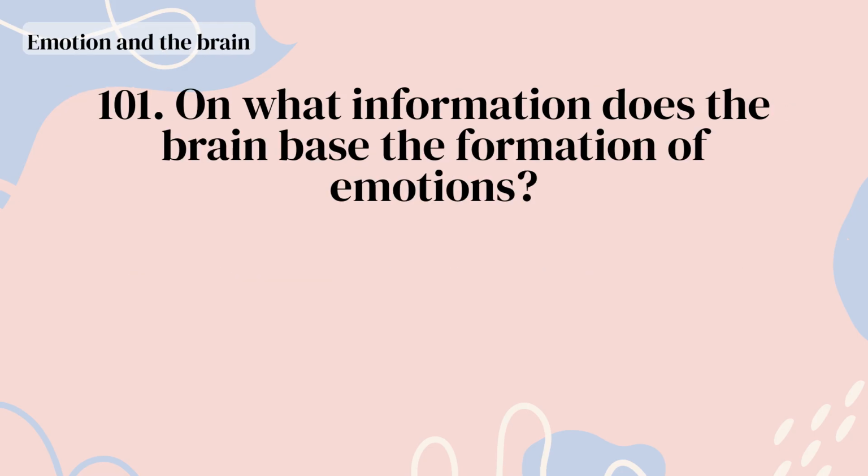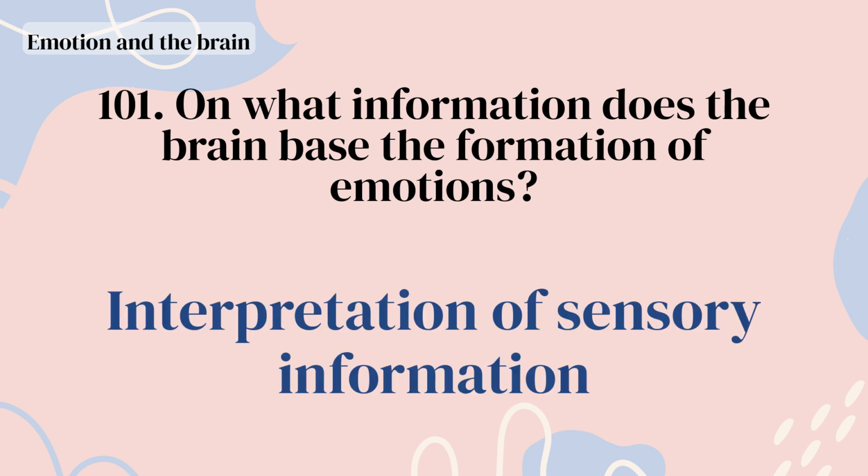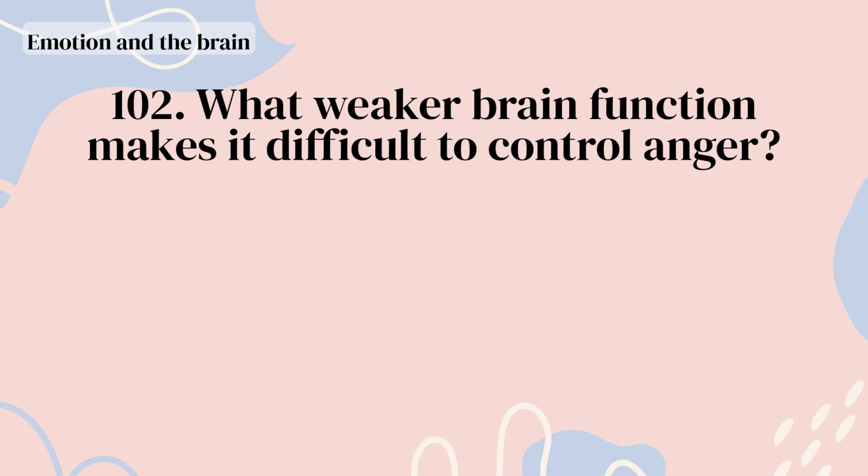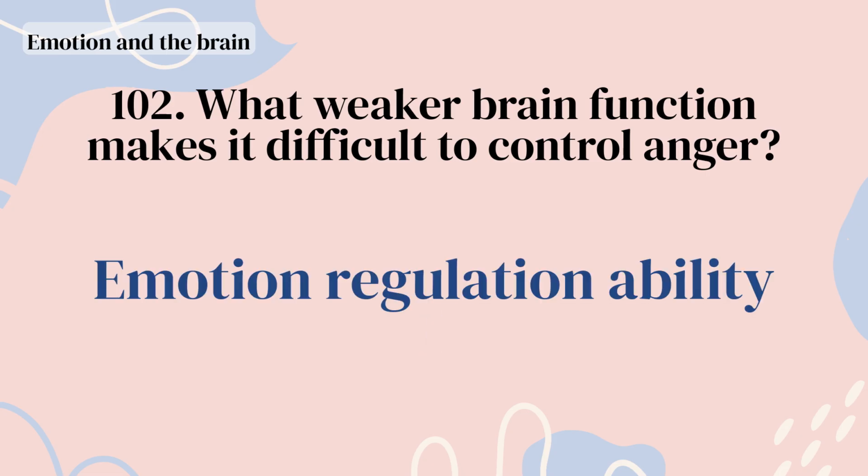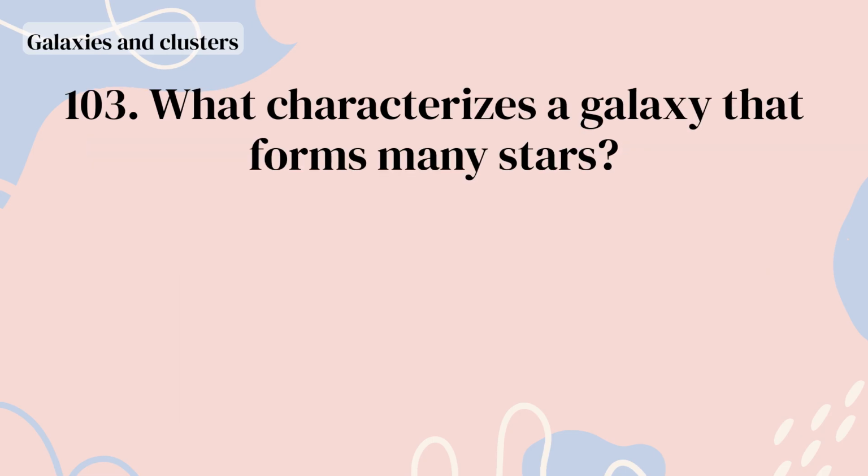On what information does the brain base the formation of emotions? Interpretation of sensory information. What weaker brain function makes it difficult to control anger? Emotion regulation ability.